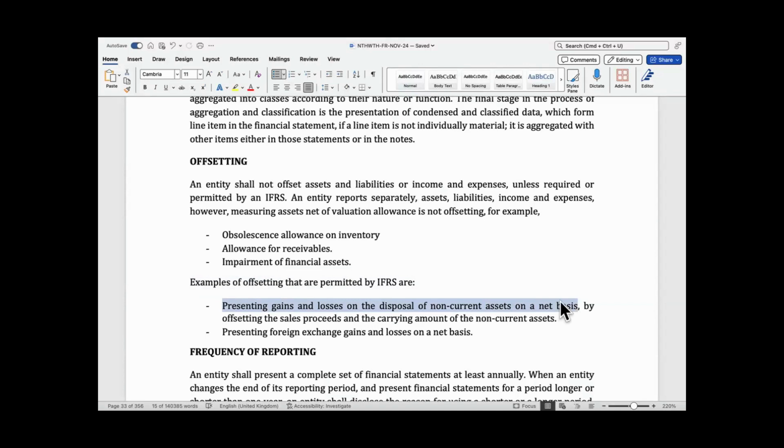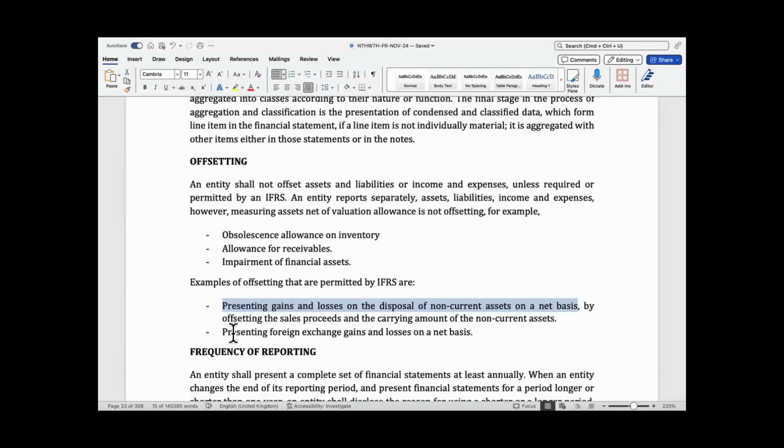What we present is the gain or loss on sale of that asset. The notes will show that the gain is just the sales minus the cost or carrying amount of the asset. But the only item we present is the gain or loss. That one is permitted. It's offsetting really, because we're offsetting the sales with the cost, but that is permitted.